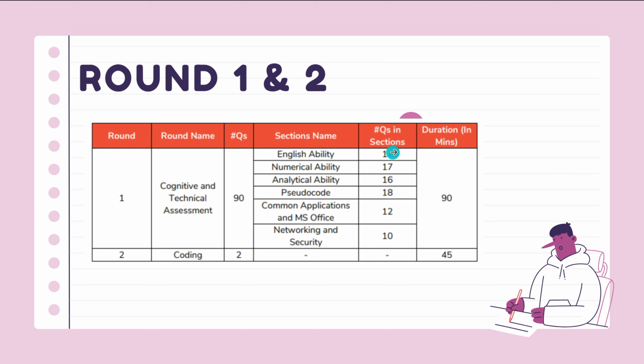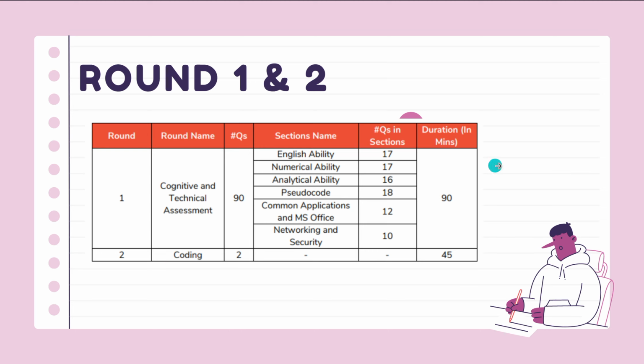Whereas in Infosys you have to clear every section cutoff, Accenture does not. It is considered for the total score cutoff. So you can easily clear this cognitive and technical assessment, and then within 10 minutes, in the same panel, you are going to shift to the coding round.